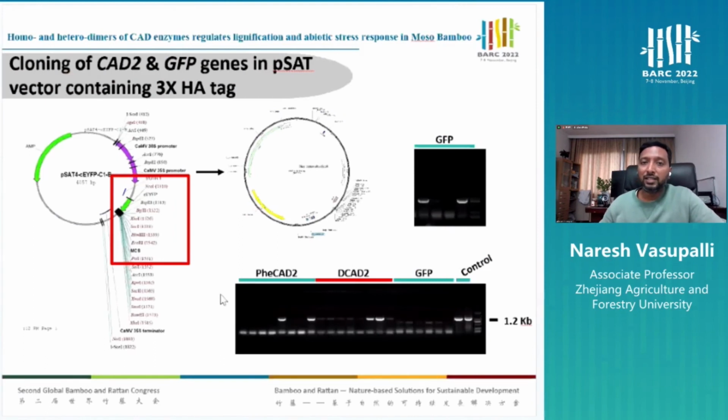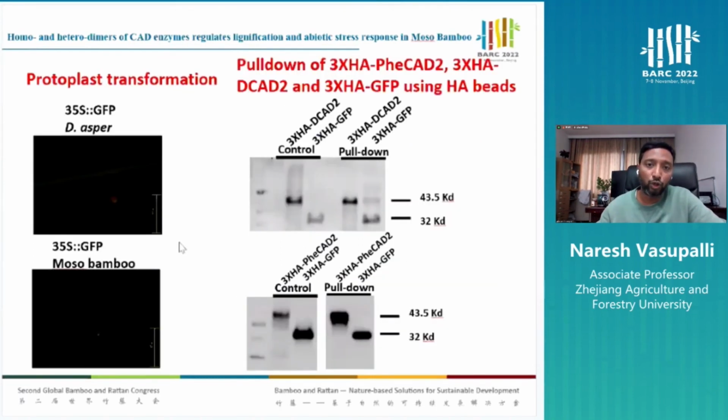We cloned these genes into the pSAT vector containing a 3xHA tag, and we expressed these in protoplasts of both Moso bamboo and Dendrocalamus. Initially we confirmed with the positive control GFP. Then we pulled down this protein using HA beads, and we confirmed with Western blots.